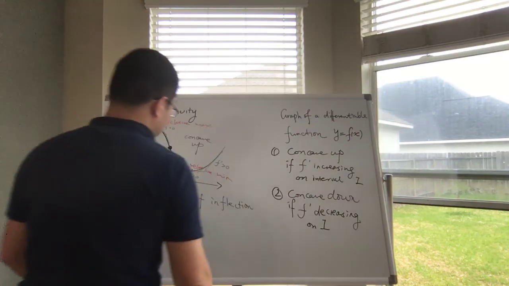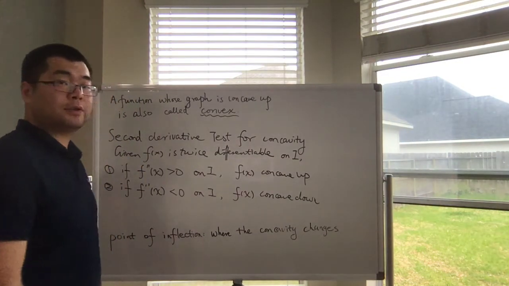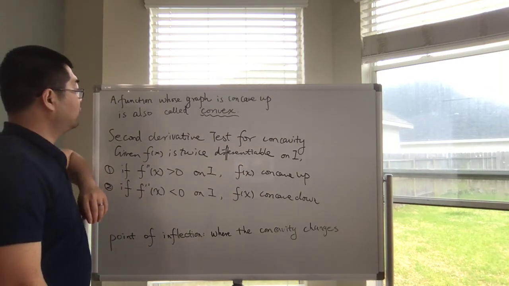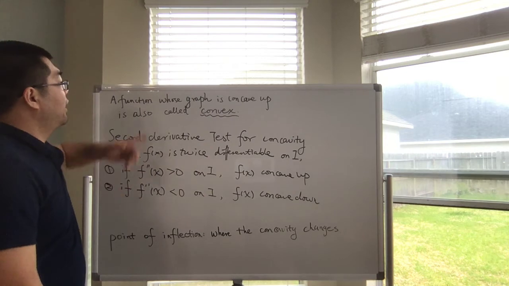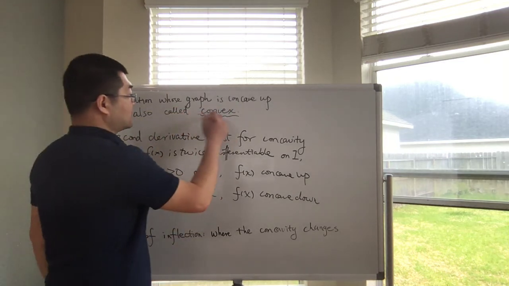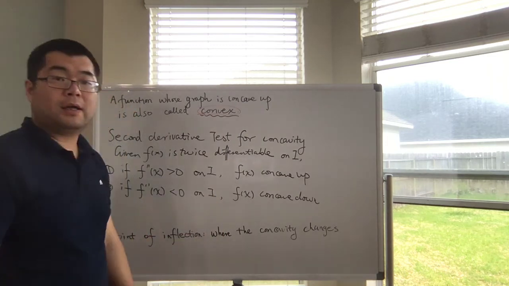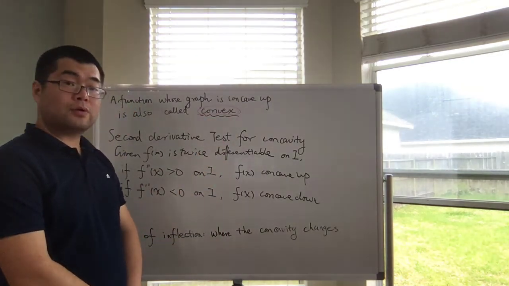Now let's look at the other side. Some definitions here. Okay. First of all, there's a new term. A function whose graph is concave up will also have a name. It's called convex. Okay, and I believe that this is a term that you hear a lot.